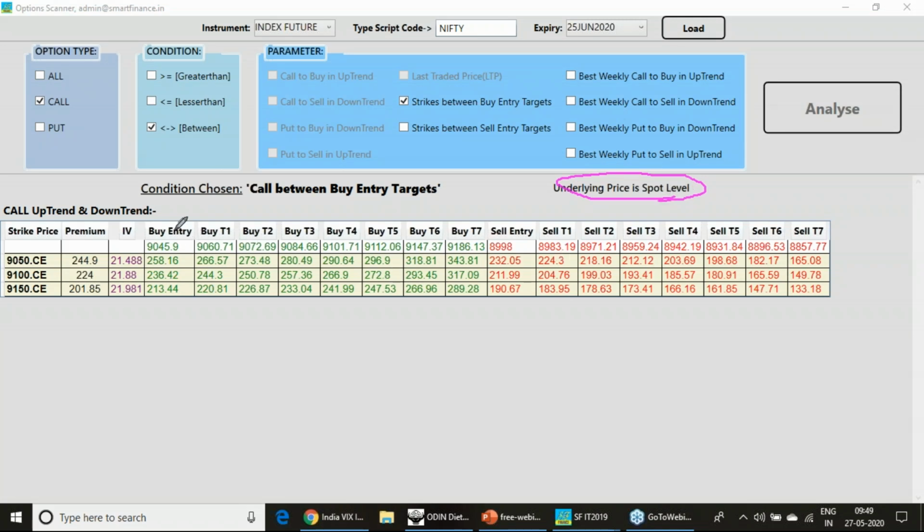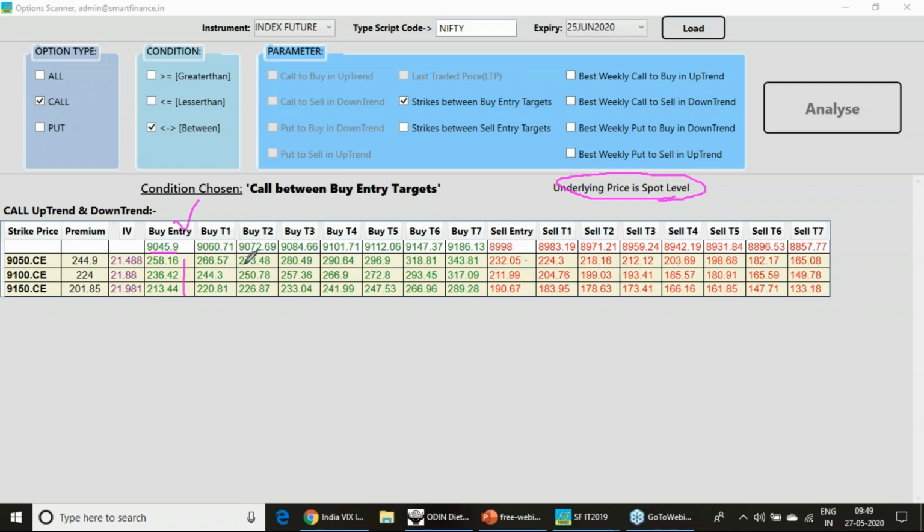Whenever Nifty spot goes to the 9046 level, you can think of buying any one of these strike call options, or if these premiums are achieved before the spot goes to 9046, then also you can enter any one strike.